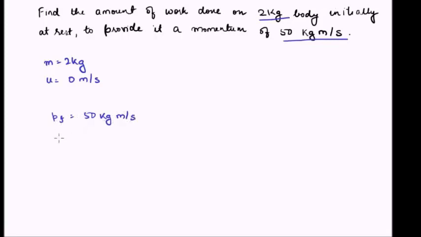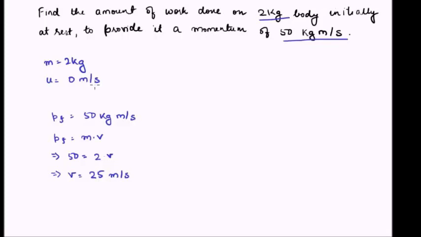We know that momentum final is equal to mass into the final velocity, let me say it as V. Therefore, using this, I can find 50 is equal to mass 2 kg into V. So the final velocity turns out to be 25 meter per second. The initial velocity was 0 meter per second.